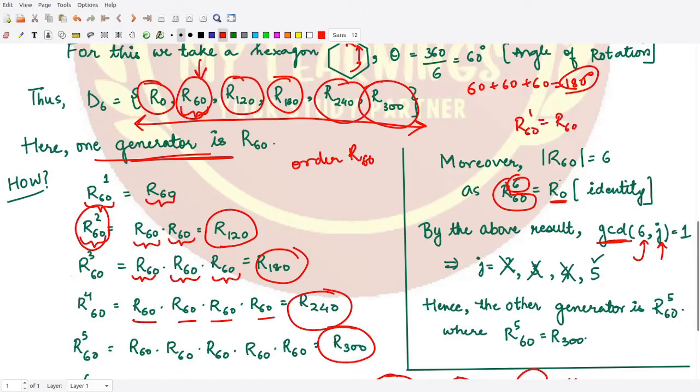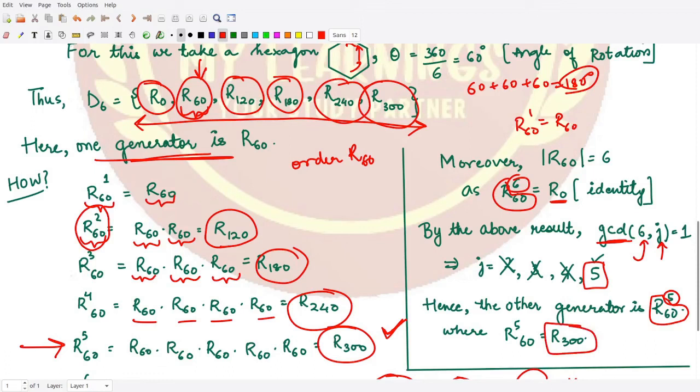That we already know, right? 2 is not a generator because the GCD of 2 with 6 is not 1, but it is 2. 3 is also not a generator because the GCD of 6 with 3 is 3 and not 1. 4 is also not a generator because the GCD of 4 with 6 is 2 and not 1. 5 works because the GCD of 6 and 5 is equal to 1. So therefore the other generator that we have is this element raised to power j, which is 5. So R60 raised to power 5 is R300. So in this case you have R300 as another generator.